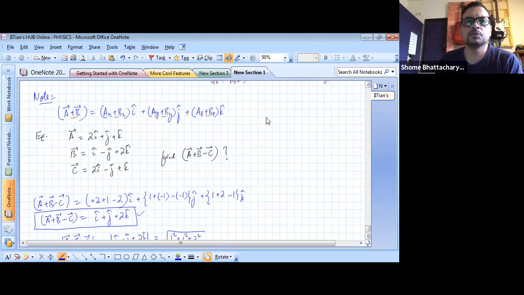Okay. So people, hope you have understood this properly. And this brings us to a conclusion of today's lecture. Next time we'll pick up more examples of three-dimensional component algebra, as well as start understanding a couple of new vector operations, including what is called scalar product or dot product of two vectors.